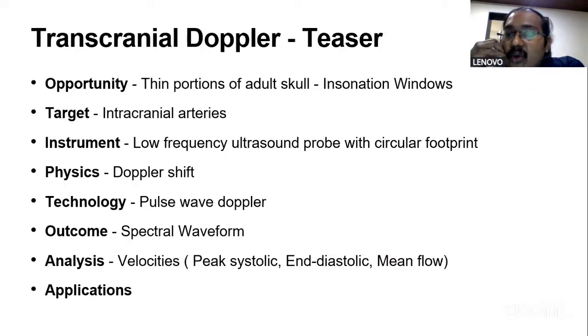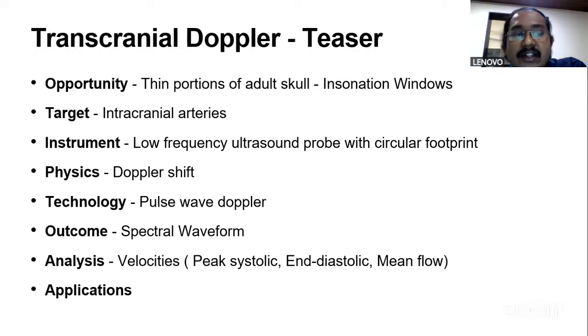If we look at transcranial Doppler in one slide, we have an opportunity in adversity. The skull is a thick bone through which ultrasound waves cannot penetrate, but the opportunity is the thin portions of the adult skull, which we call insonation windows, and we target intracranial arteries through those windows. We use a low frequency ultrasound probe with a circular footprint, which works on Doppler shift and pulse wave Doppler.